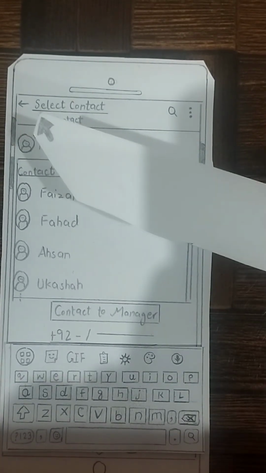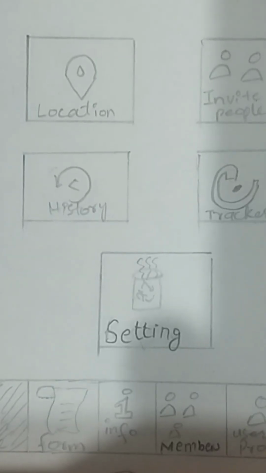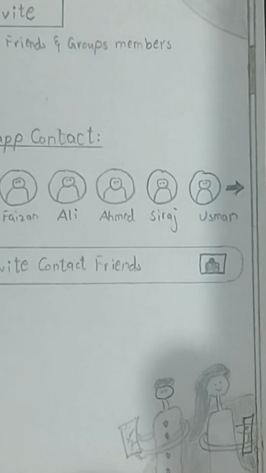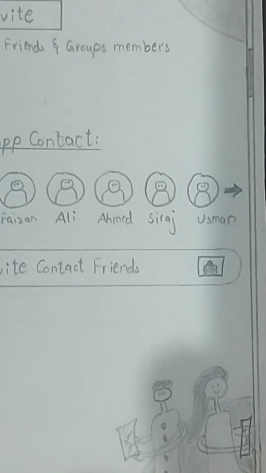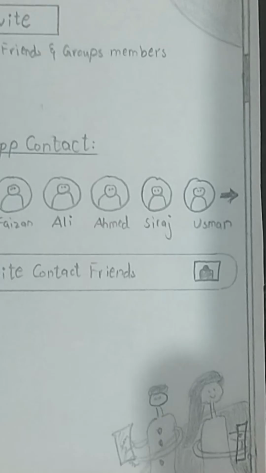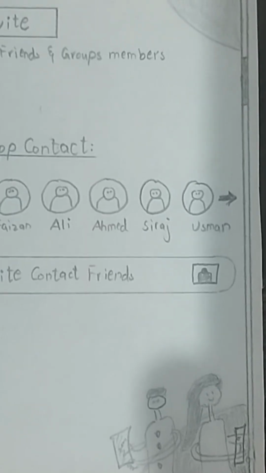So this is also called a contact page. So click behind. So come back to the home page again. You can see there is a member group, same as the behind one. You can press this, so you can come back to the invite group page, because all of the group members can be invited and set on this page.